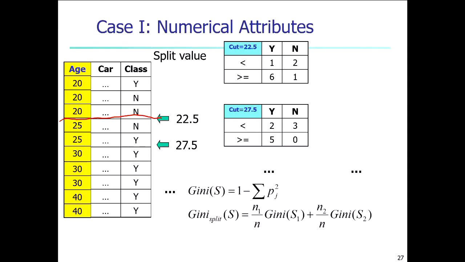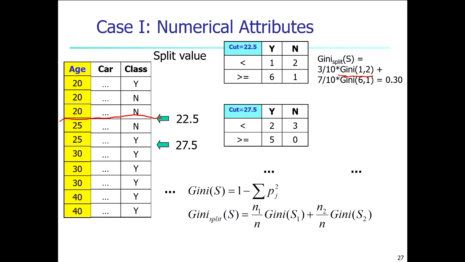Then we can compute the Gini index of S, which is before the splitting. And you can compute the Gini index after the splitting. For example, the Gini index of 1, 2. Here, 1, 2 means 1 of yes and 2 of no.